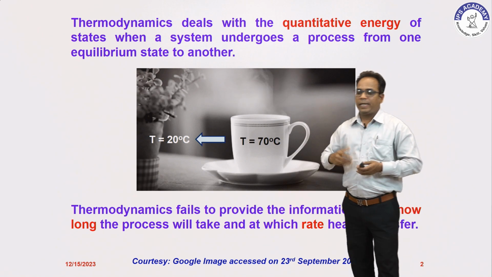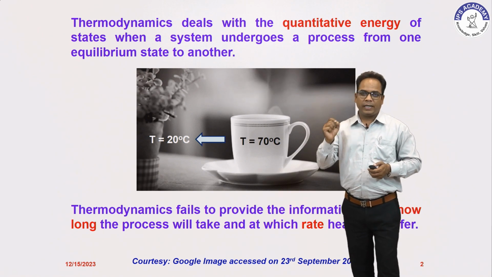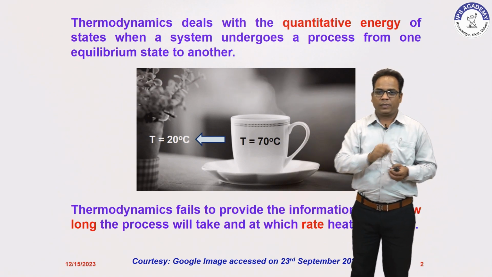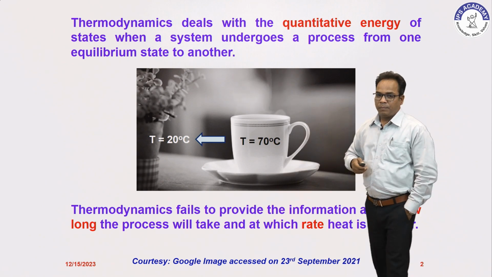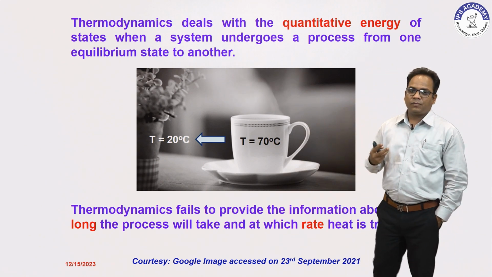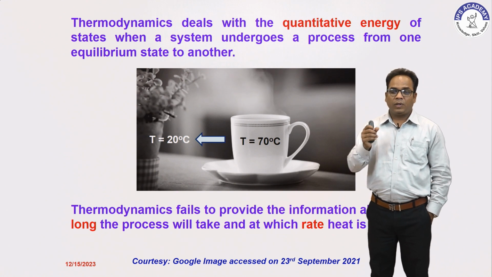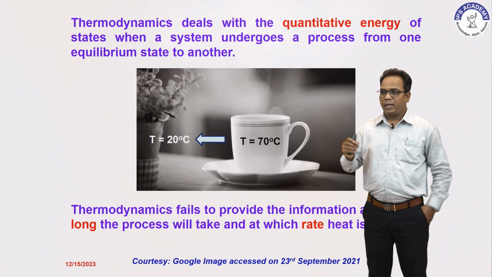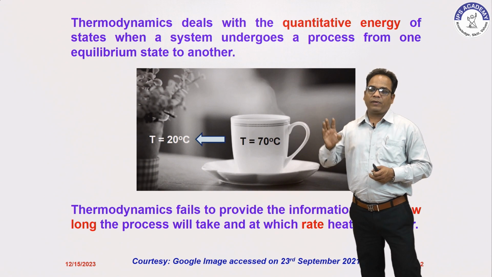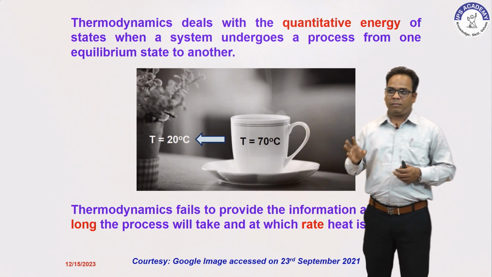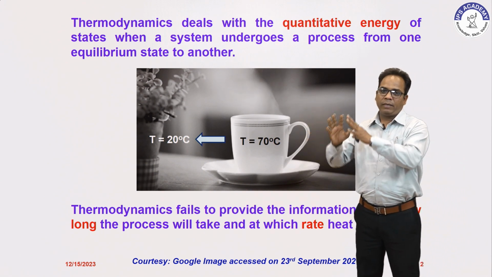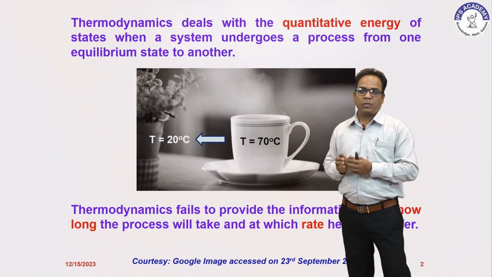That's why heat transfer deals with the rate at which heat is transferred. In this subject, we have to discuss the rate of heat transfer, and it is very important as far as the design of any equipment or any heat transfer process.